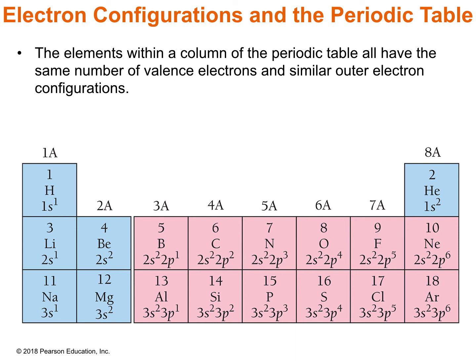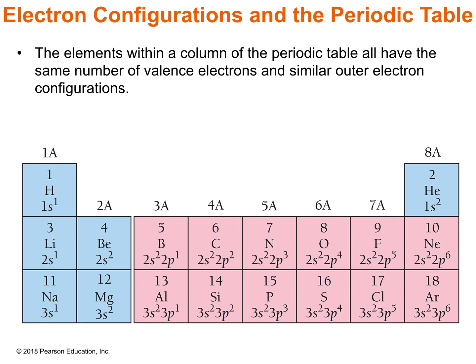That is essentially why all the first column metals form +1 ions. It's because they all have 1 valence electron. Lithium and sodium each have 1 valence electron. For lithium, it's the 1 electron in the 2s. For sodium, it's the 1 electron in the 3s.